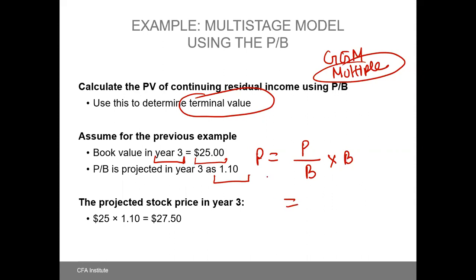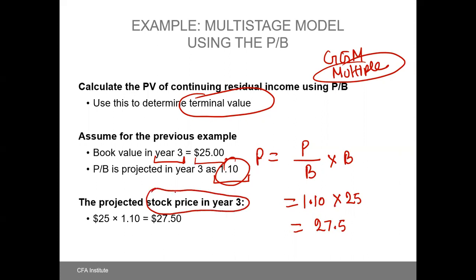Here we have a price to book value multiple of 1.1 at which we'll be able to sell our stock, and book value is 25. So it is 27.5. What is it? It is the projected stock price in year 3. So this is the terminal value calculation.